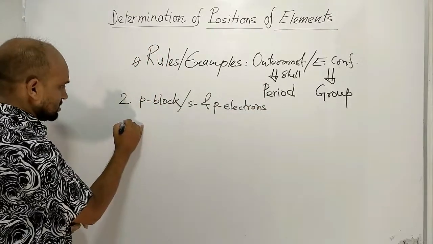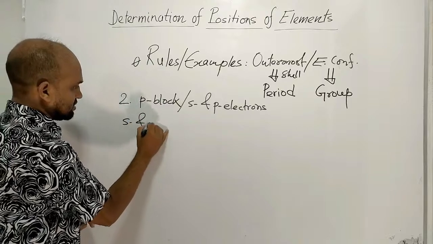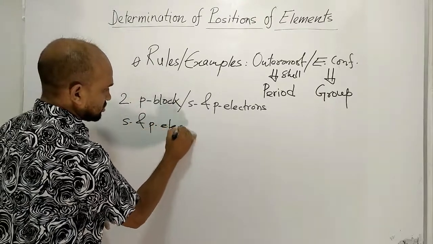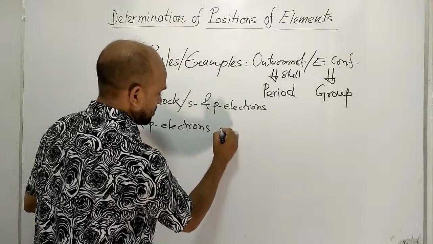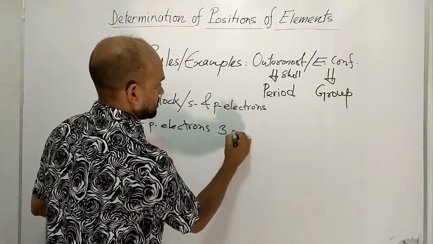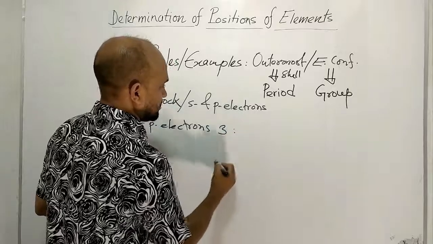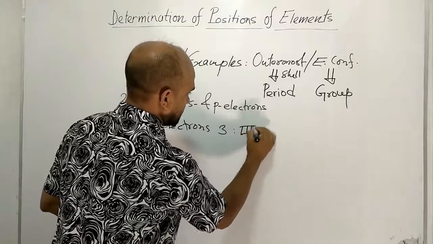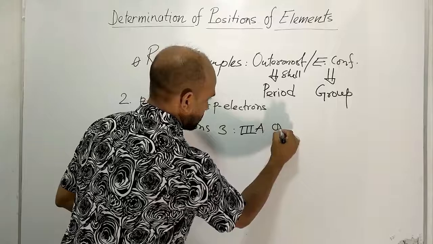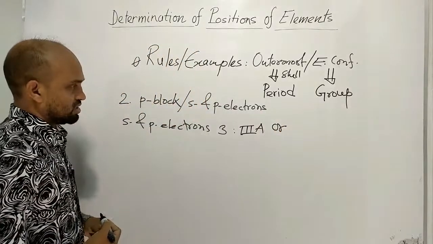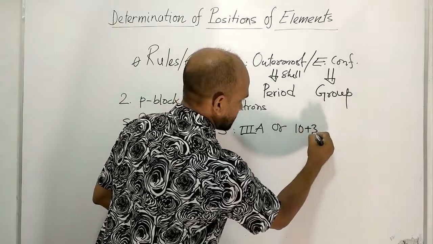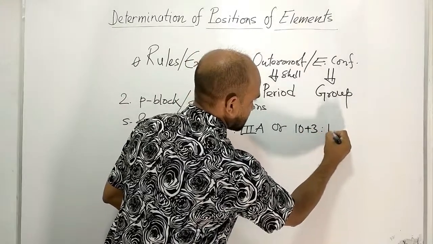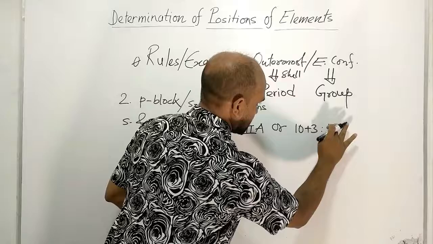If the s and p electrons total 3, then the column will be 3A, or in the most modern periodic table 10 is added to this 3, so it will be 13.